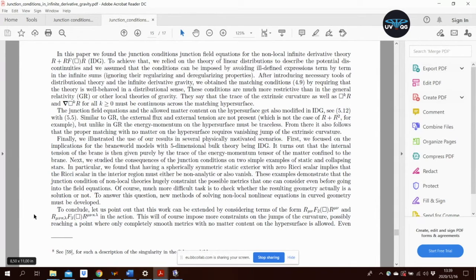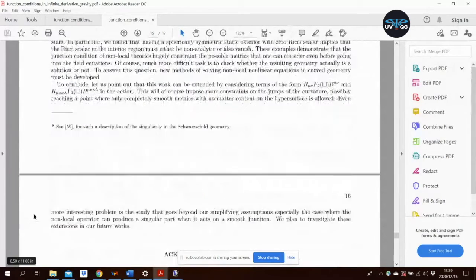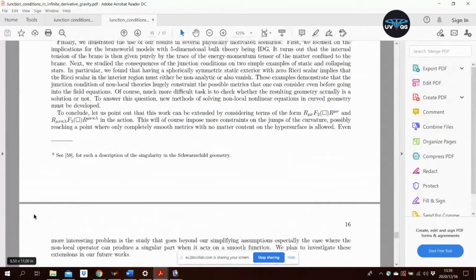I mean, the continuity of the metric and all the derivatives of the metric, which means that you cannot actually glue two different spacetimes, but you need to have the same spacetime at each side of the hypersurface. But we'll see. We're still doing some calculations on this subject.